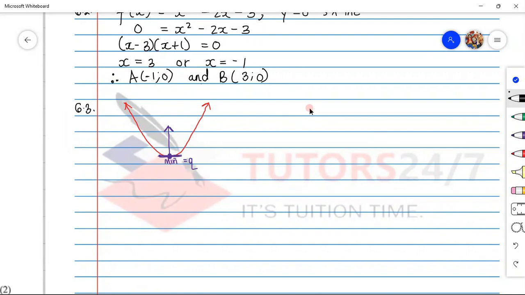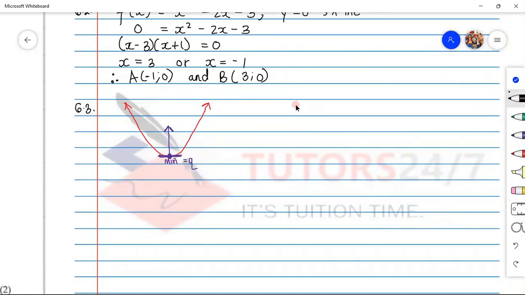Now, in order for us to find our q value, we have one of two options. First, we can find the x value of our turning point and then find the y value of our turning point, which is our q value. Alternatively, we can complete the square on our function f, which will give us our q value.